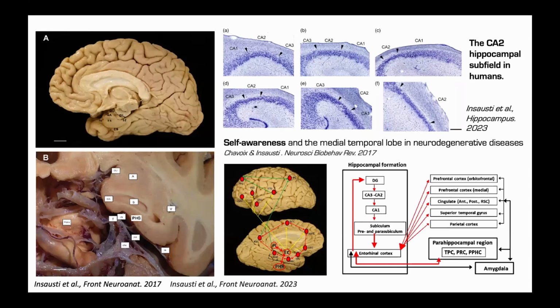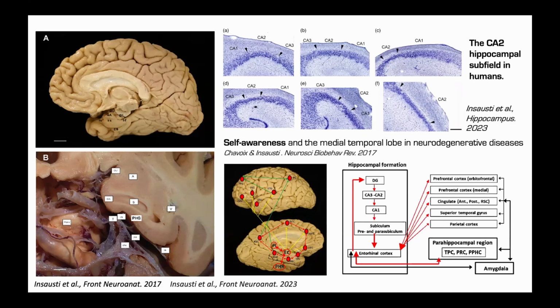He also studied in the last few years in more detail some sub-areas of the hippocampal formation. One of them was this paper on CA2 of the human, also the gyrus ambiens. And he also worked with Chantal Chavois in Caen, France, and studied this interesting idea of self-awareness in patients who had neurodegenerative disorders, and what could be the networks that hold this function of self-awareness of losing memories.